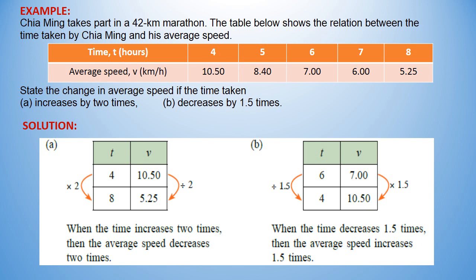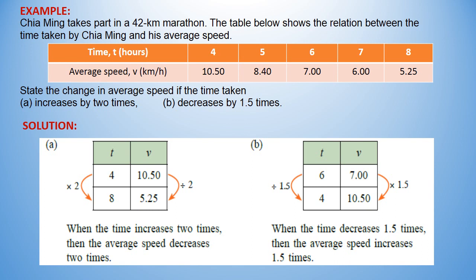The average speed at the starting is 10.5 km per hour. After that, if the time is increased by 2 times, that means the average speed is decreased by 2 times. So 10.5 should be divided by 2, you get 5.25.